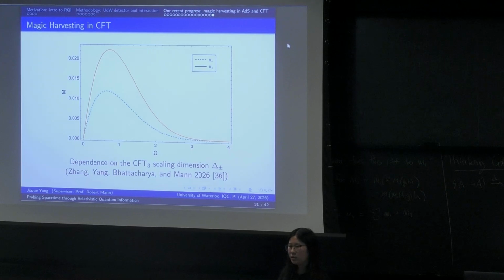You need to impose boundary conditions in the interior of AdS and on the boundary of AdS, true? Like regularity conditions? Mm-hmm. Which boundary conditions will you impose in each of them? For this one is Dirichlet, and for the other one is Neumann. Yes. Okay, so no transparent boundary. Yes. Okay, thank you.